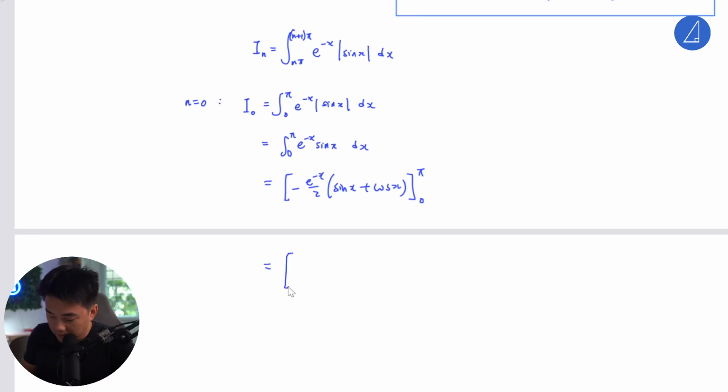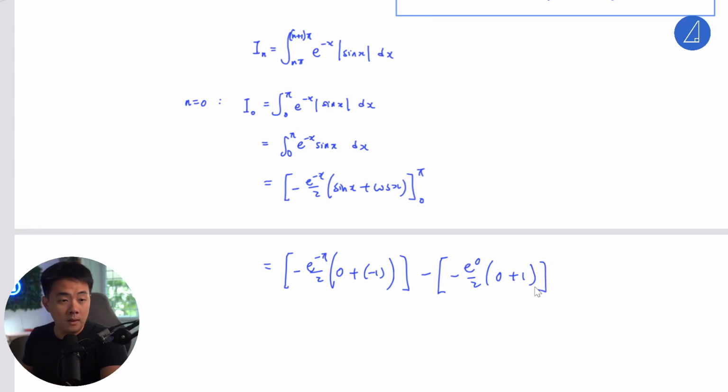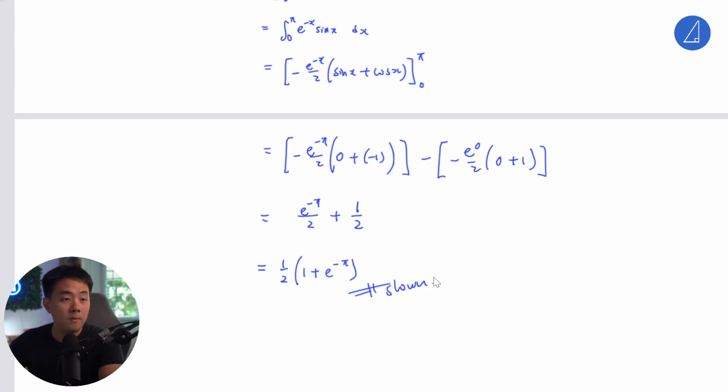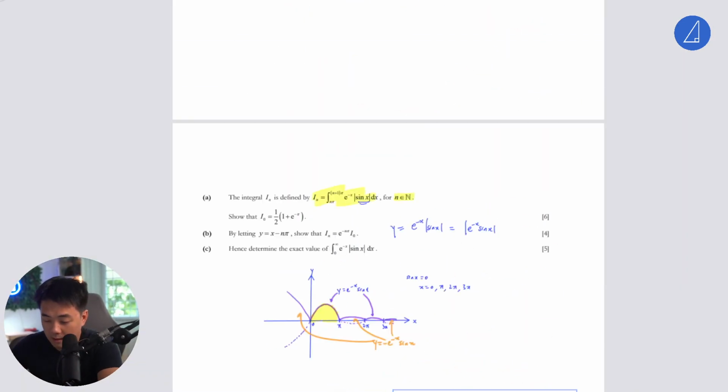So this is minus e^(-pi)/2, sine pi is 0, cosine pi is -1, then minus of minus e^(-0)/2, sine 0 is 0, cosine 0 is 1. So here we get the answer. Just rearrange, so it's half times 1 plus e^(-pi). Shown.